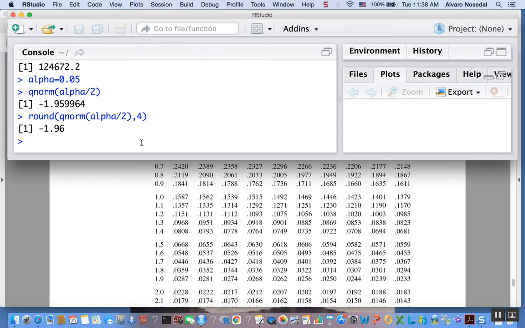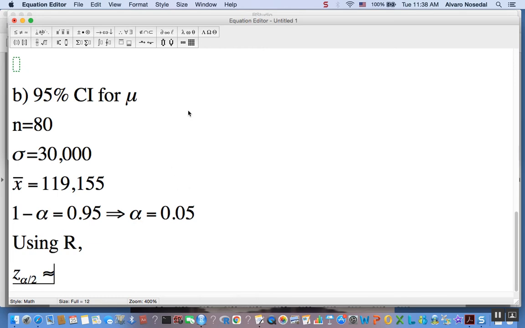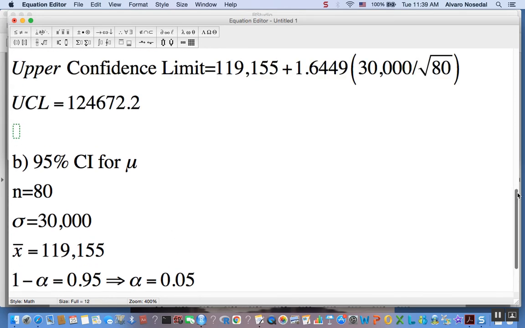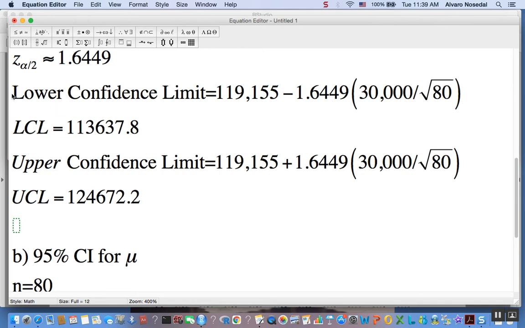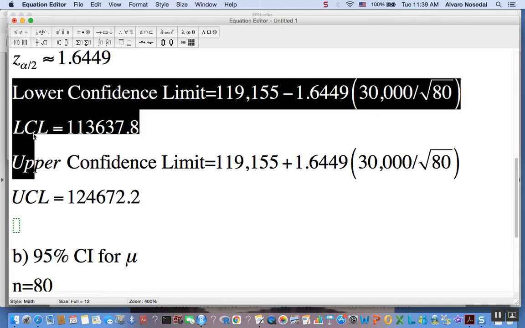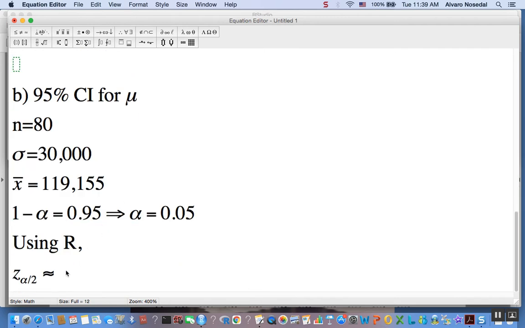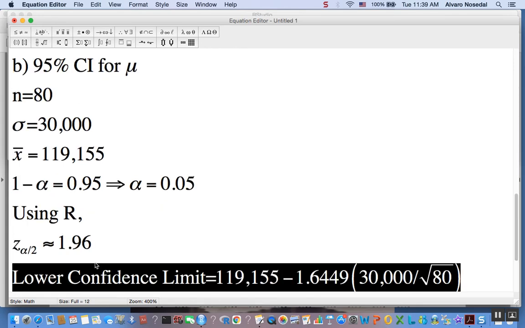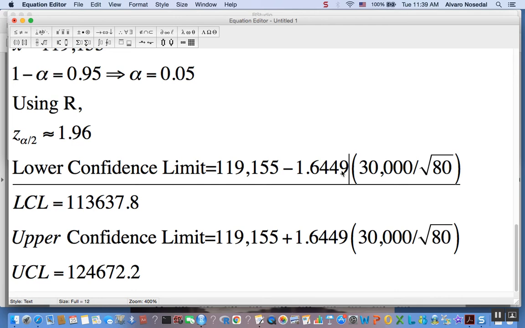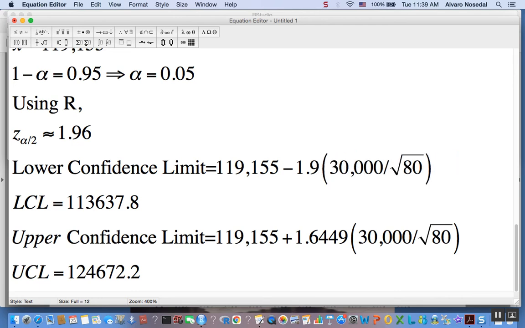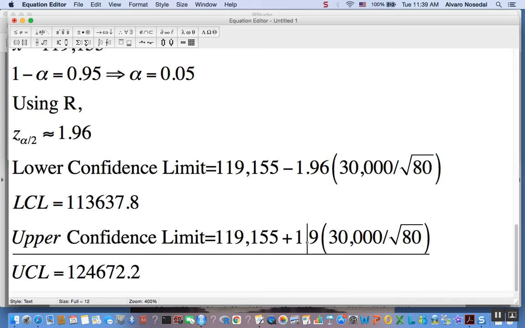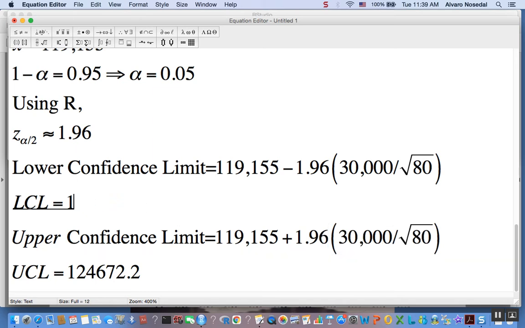So now we just change our calculations accordingly. So first, this guy is going to be 1.96. Then we are going to have 1.96 here, 1.96 here, and this is going to change.